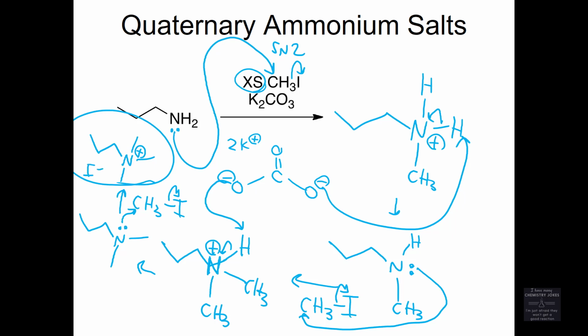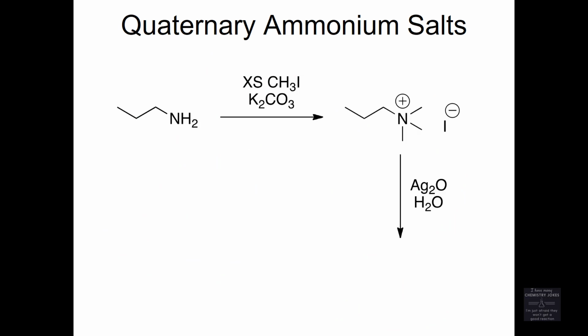The anion in this salt is an I minus because you added methyl iodide again and again. So this is a quaternary ammonium iodide. But quaternary ammonium hydroxides are what do these E2 reactions.